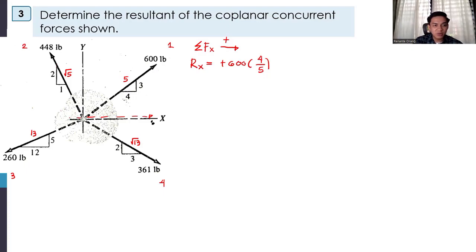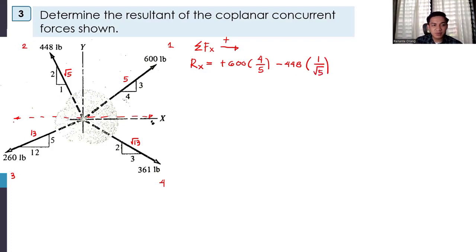Next is our force 2. It is going to our left side. So this is negative 448 multiplied by the horizontal side of the triangle, that is 1, because our force is horizontal. This 1 divided by hypotenuse square root of 5.